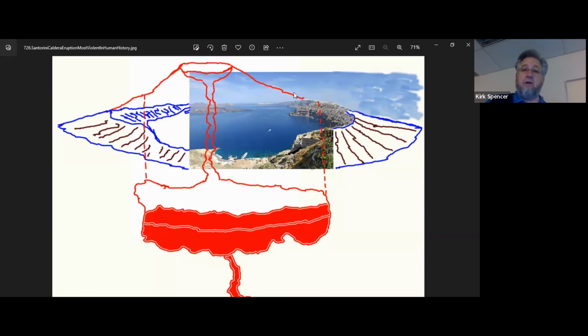This part of the volcano collapsed into the magma chamber. There was a large void that was created by the outflow of lava. And so the summit collapsed into it. That created such intense explosions that it pulverized the top of the volcano and sent it into the stratosphere as ash, which blew it to the east.